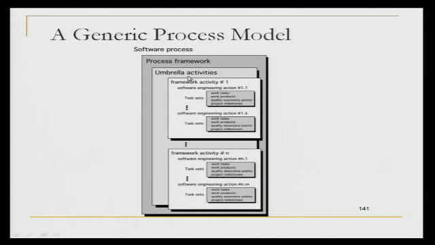Those activities can be broken down into actions, task sets, a lot more detail depending on, again, the type of model that you select. And I'll go over several examples of that with you. But generally, they're eventually broken down to activities that the engineering teams have to follow in order to get the product out the door.